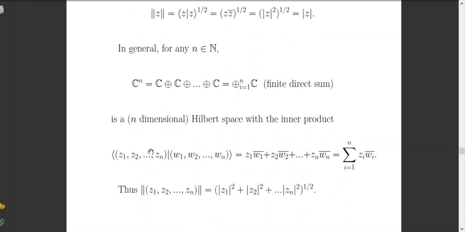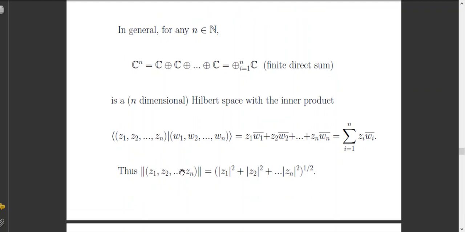Look at here, the inner product of two elements is given by this, the sum of z_i w_i bar, i from 1 to n. And of course the norm is defined to be like this, the norm of every element. And what you see inside is the inner product of every element like this with itself, right?